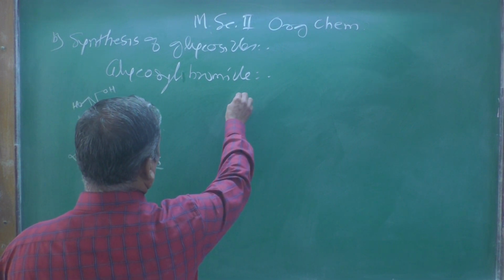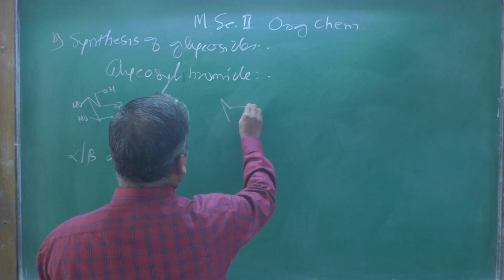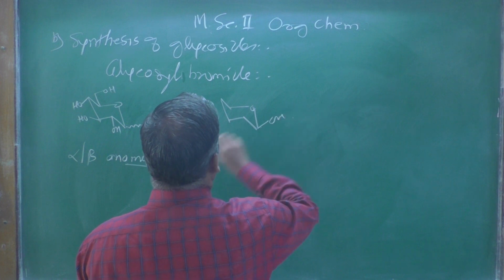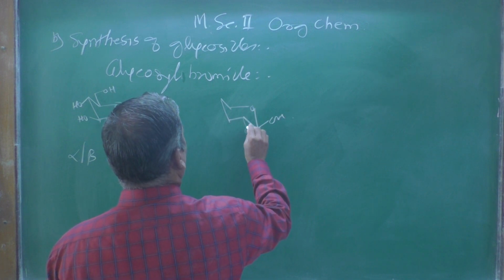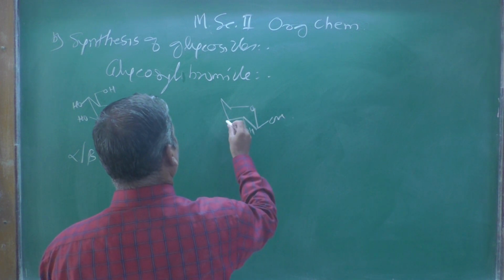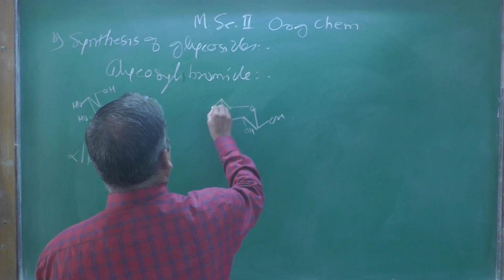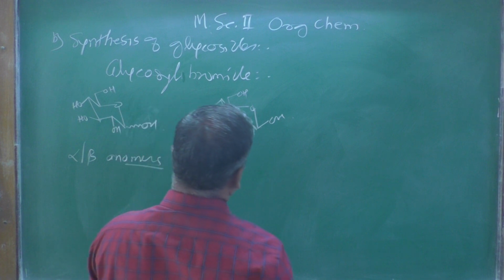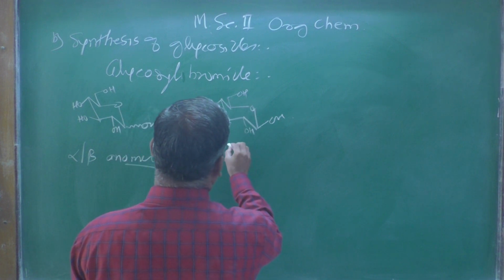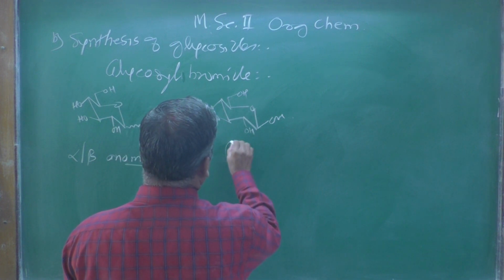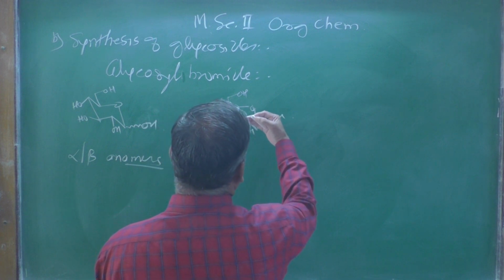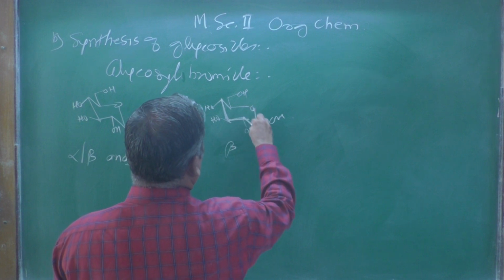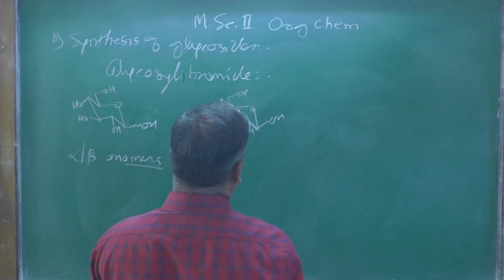Let's see that also here. Suppose you have this structure. Now I am writing this one OH, and the other things remain as they are: OH, then a hydroxy group here, another hydroxy group here, and this one is OH, right? So this is called a beta form, because this is above the plane, as the line we are representing is above the plane.